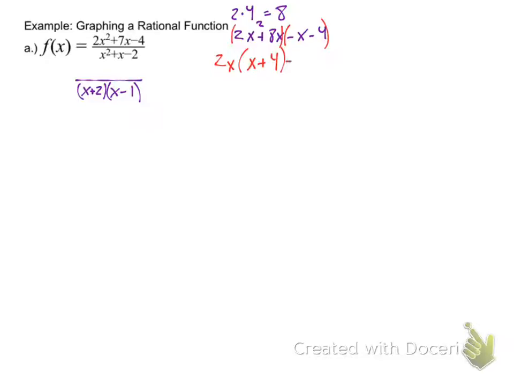Take out a negative 1. So my side work leads us to the result of what? 2x minus 1 and x plus 4.